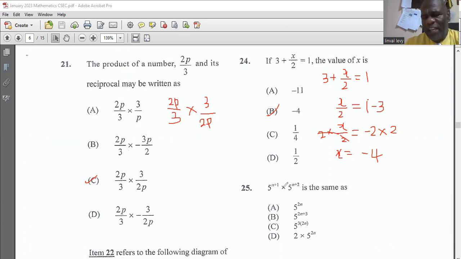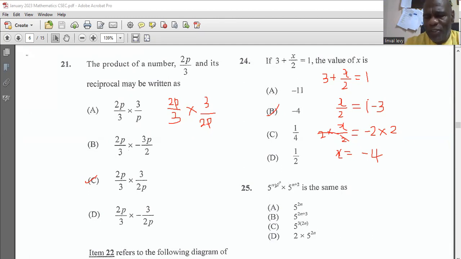So it's 5^n times 5^(n+2) is the same as, now this, when we are doing indices, when we are multiplying, note that the bases are the same, so we add the powers when we are multiplying.